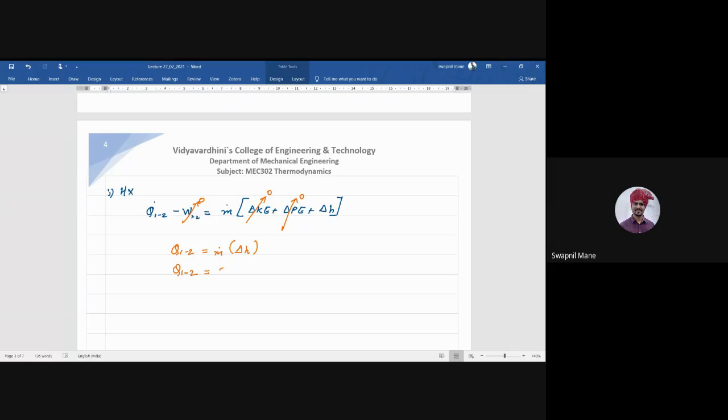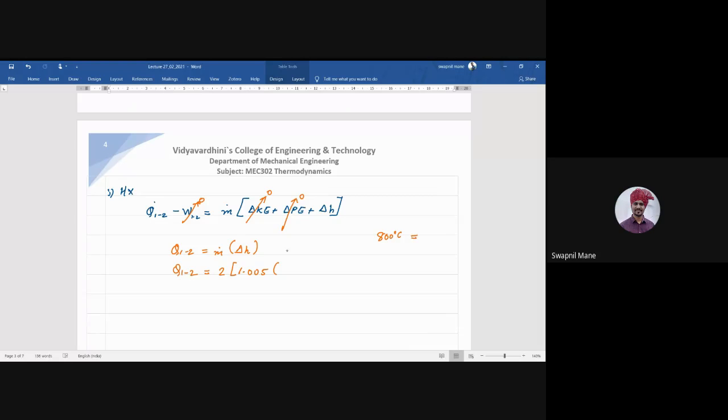So it will become Q1 to 2 equal to 2 into Cp into delta T. What is Cp into delta T? Temperature at the exit minus temperature at the inlet. What is the temperature at the exit? That means T2 is how much? 800 degrees Celsius.